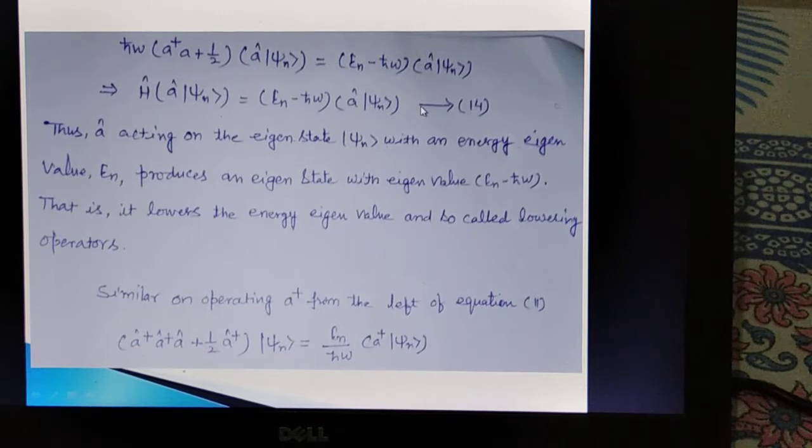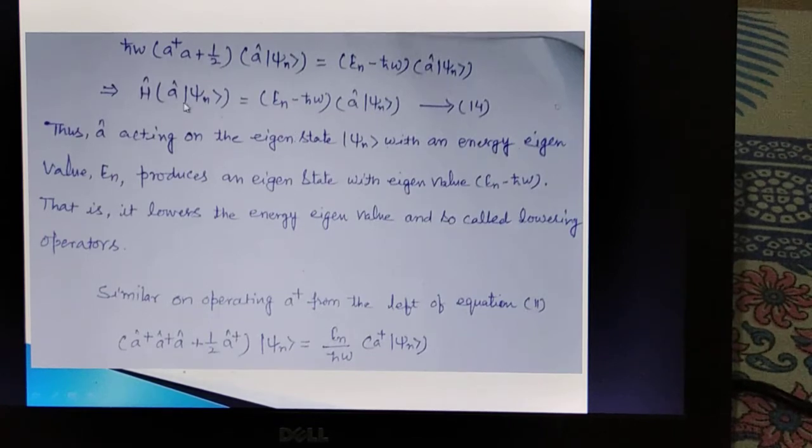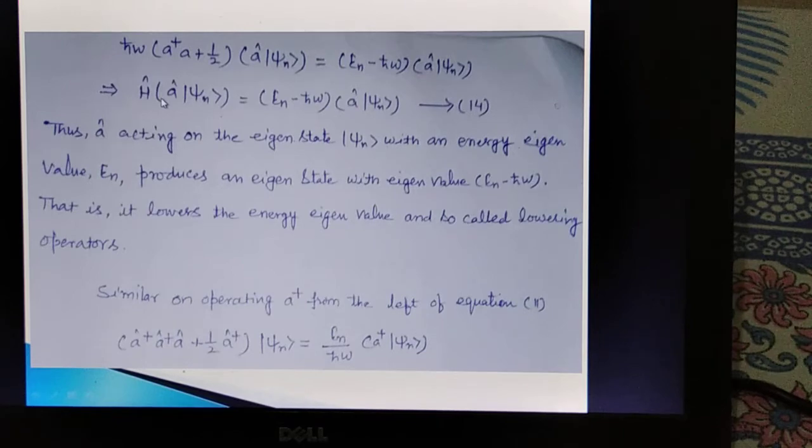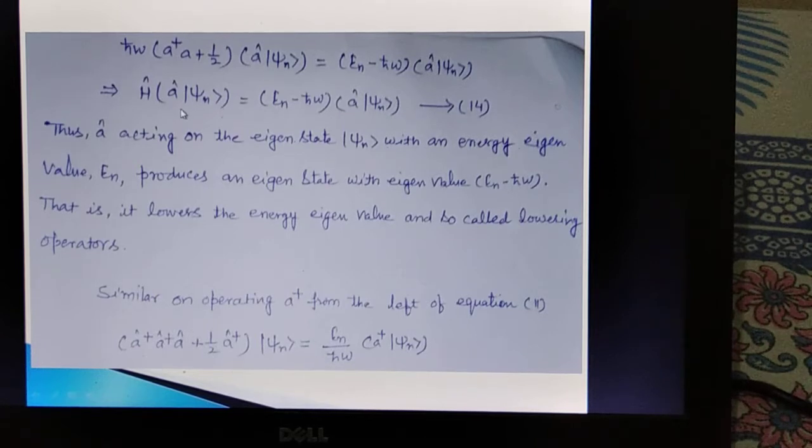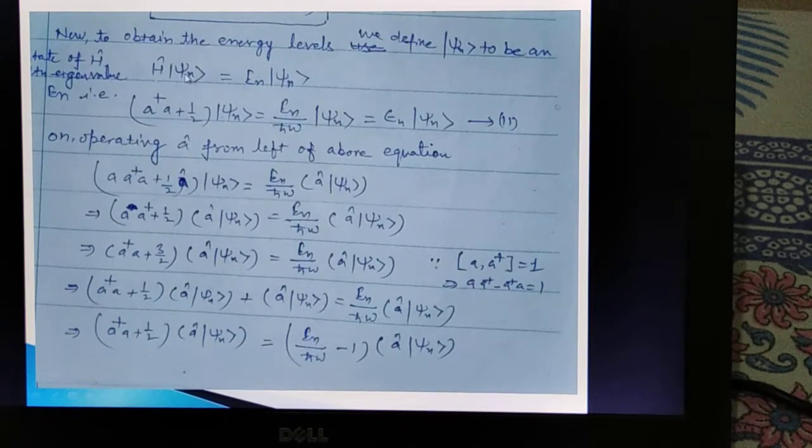So it is clear from this equation that A psi n is also an eigenstate of Hamiltonian operator H, as psi n was the eigenstate of H. It means A psi n is an eigenstate of Hamiltonian H with eigenvalue En minus h cross omega, and we have defined that H psi n equal to En psi n.